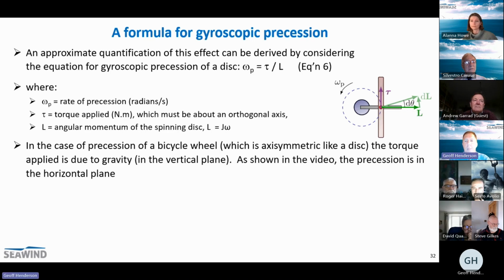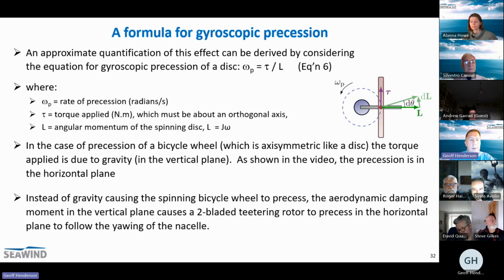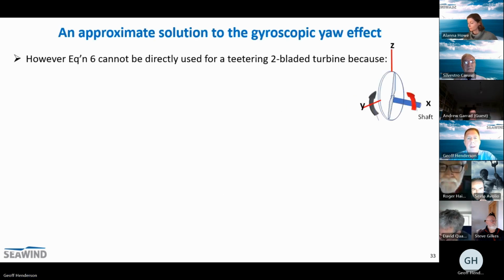In the case of a bicycle wheel being axisymmetric like a disc, the torque applied is due to gravity, and you get that precession in the horizontal plane. Instead of gravity, in our case, it's the aerodynamic damping moment in the vertical plane which causes a two-bladed teetering rotor to precess in the horizontal plane to follow the yawing of the nacelle.